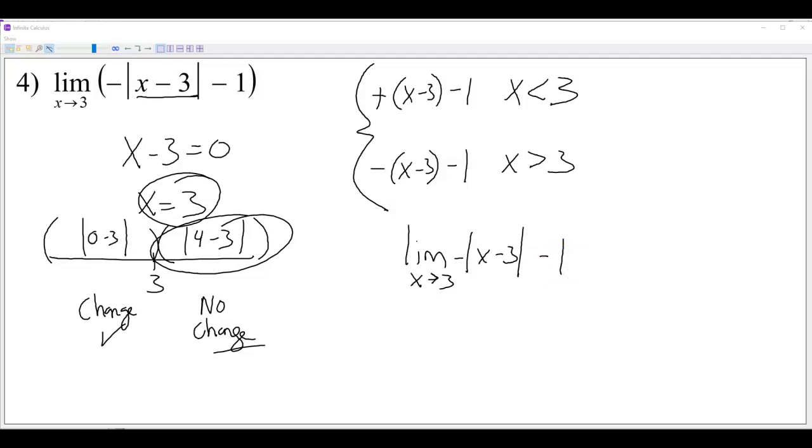Well, since it's not a plus or a minus here, it's both. So I need to find the limit as x approaches 3 from the right, and I also need to find the limit as x approaches 3 from the left. Now, if I'm approaching 3 from the right, that's going to be this bottom piece here.